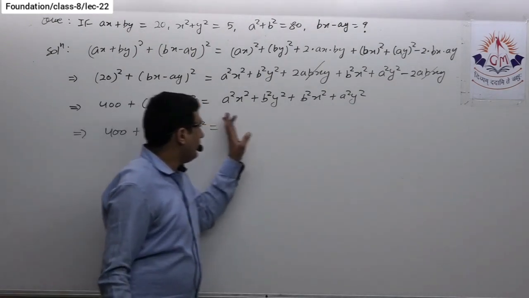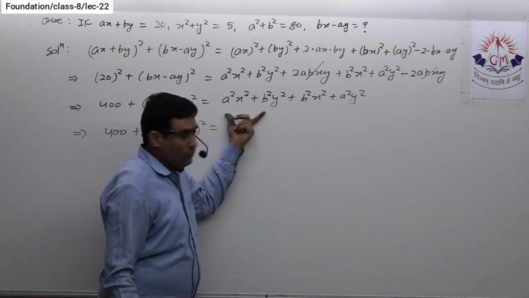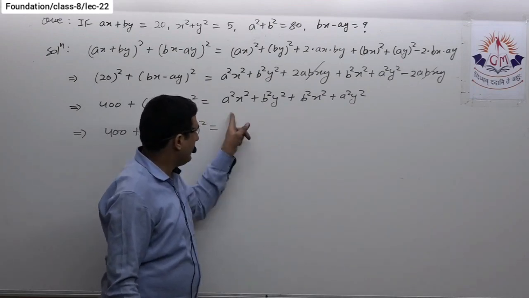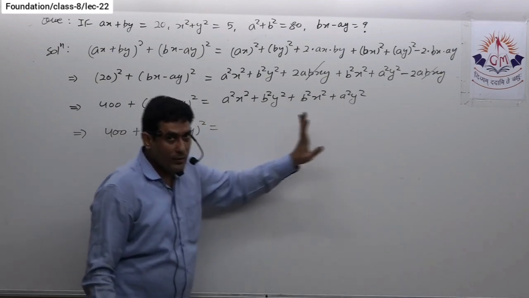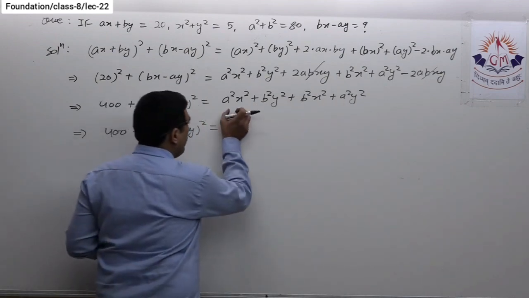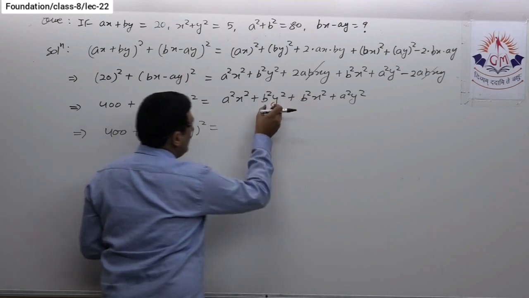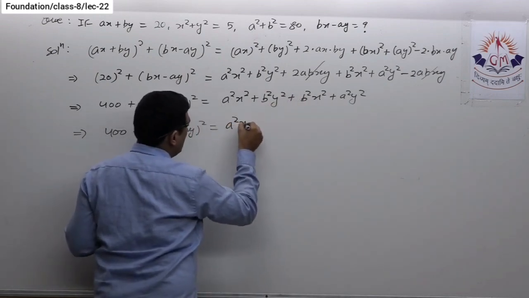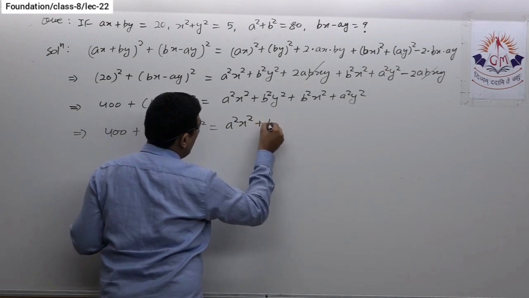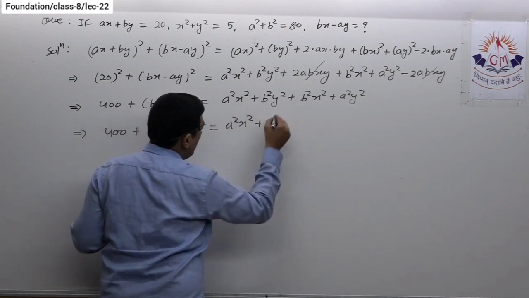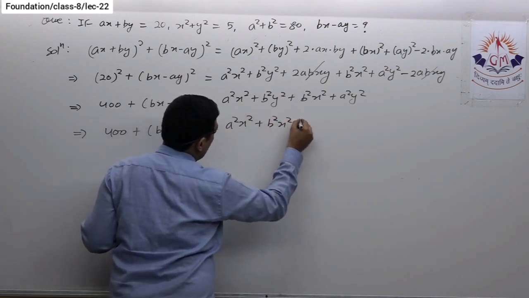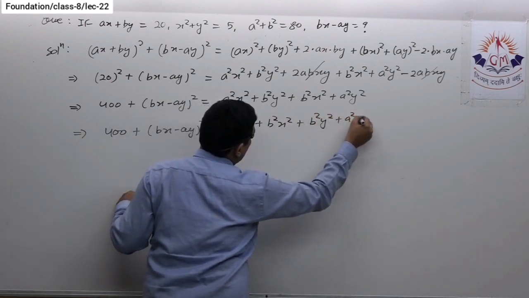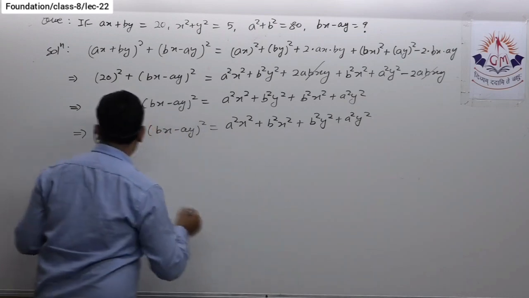Now you can observe that these two do not have anything common, but the first and third have something common, and the second and fourth have something common. So let me write the terms in that order. So I wrote a square x square, then b square x square. Over here b square y square plus a square y square.